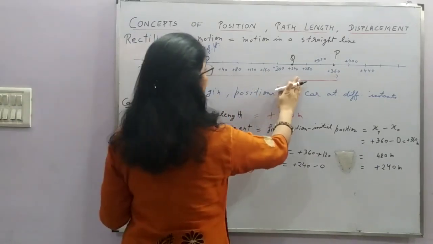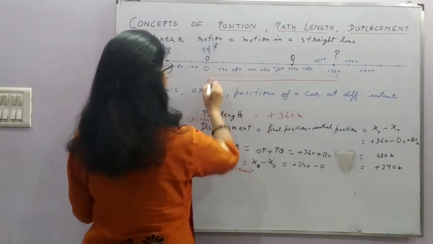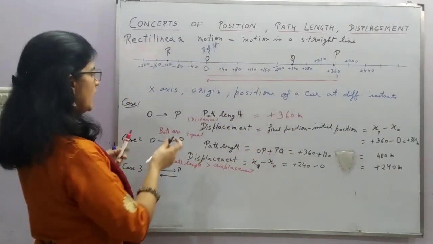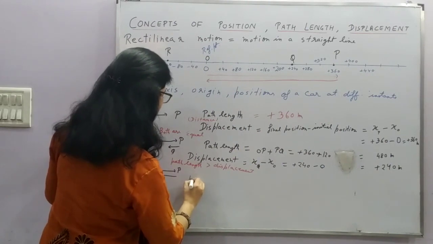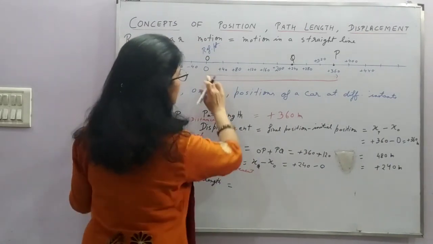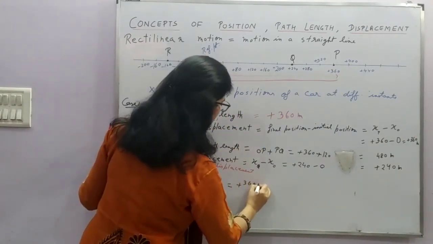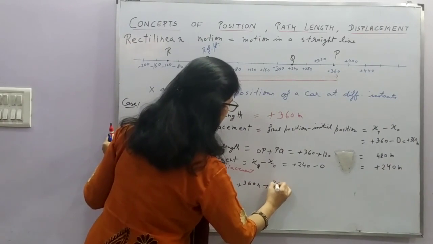Now let's consider another case. The body moves from O to P and then again moves back and reaches point O. Then what will happen here? The path length will be this actual plus this actual. That means plus 360 meters plus 360.